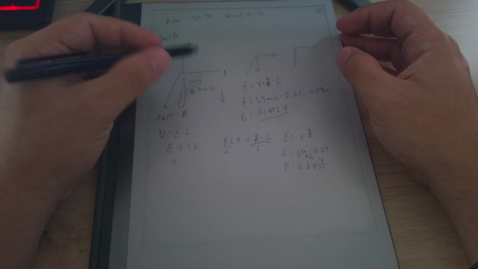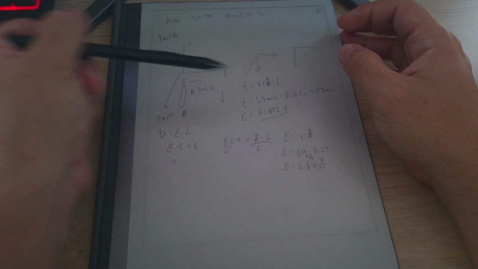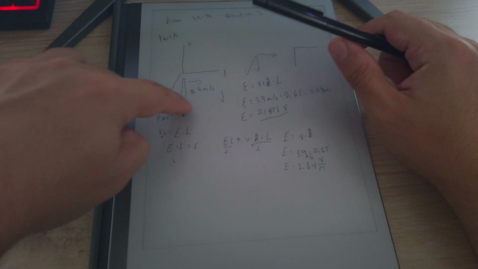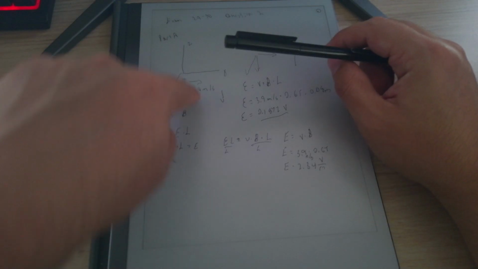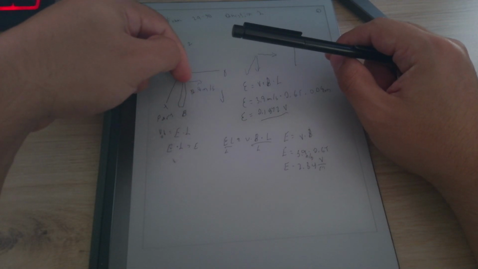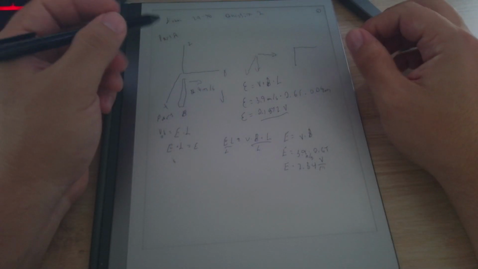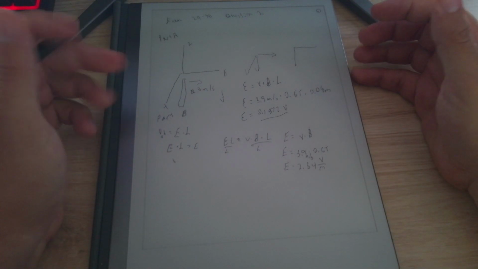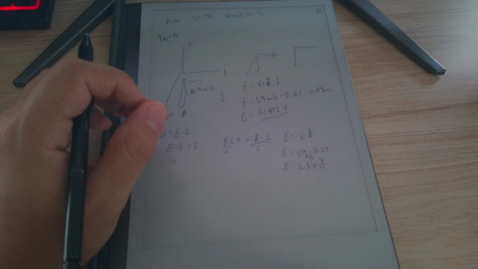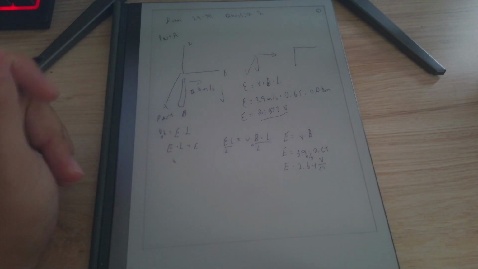As the rod is moving and the field is going down, it creates a force that moves the electrons within this rod to this side, which is the positive x direction. So that is our answer for part C, the positive x direction. Let's move on to the next part.